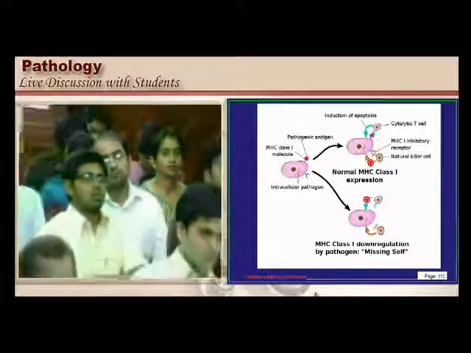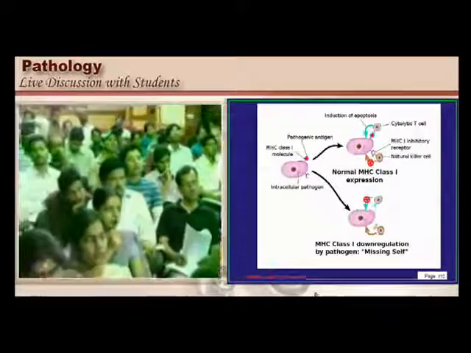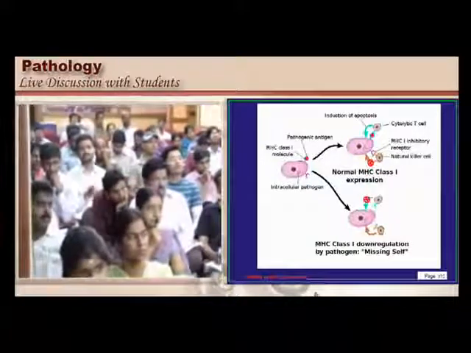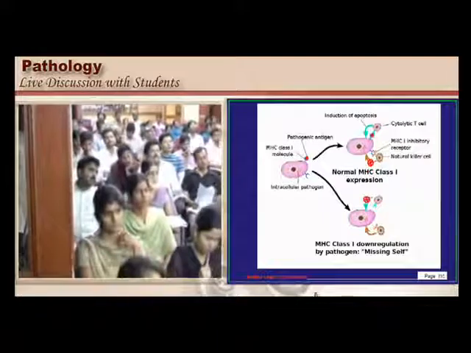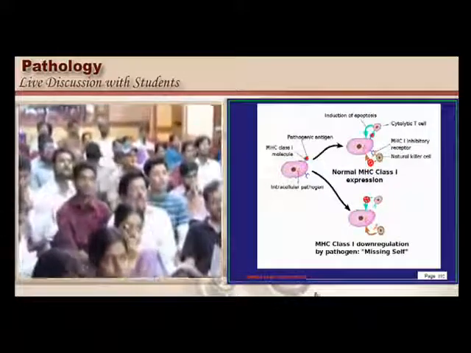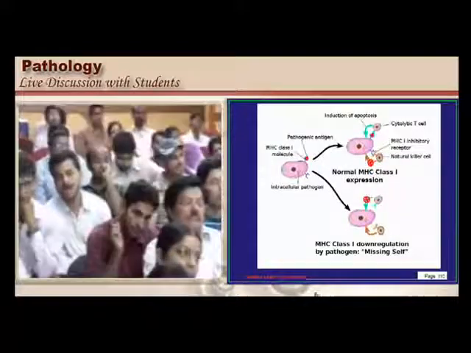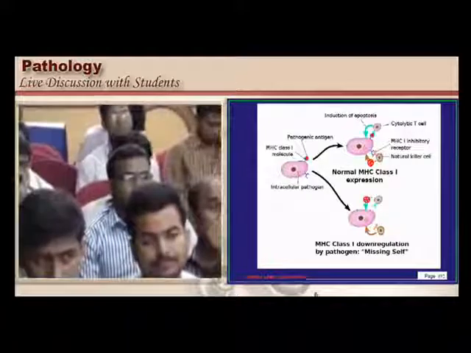So is MHC class 1 there or not? But what type of MHC it is, self or not self, all that discretion the NK cell cannot read. Only thing it will check, passport hai ya nahi hai, nahi hai to chalo andar. So that is what it will do. It will not check which country passport, when it is valid up to, that is all done by the cytotoxic T cell.